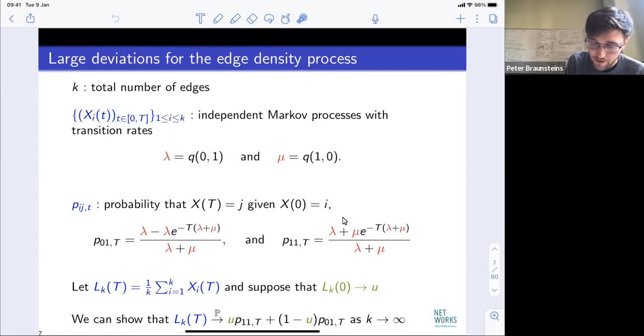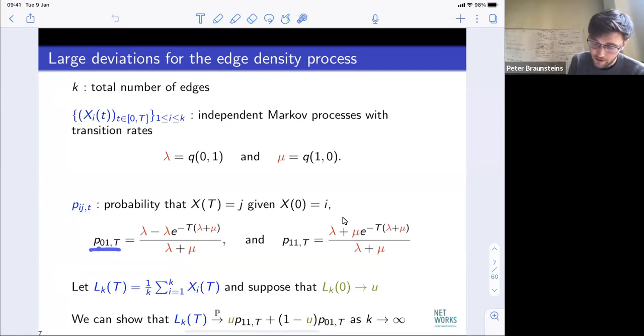If it's equal to 0, then it transitions to state 1 at rate lambda. And if the edge is on, so the corresponding process is equal to 1, then it transitions to state 0 at rate mu. This probability here is going to be important.